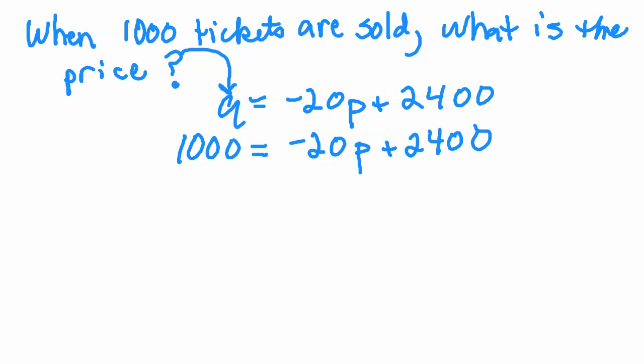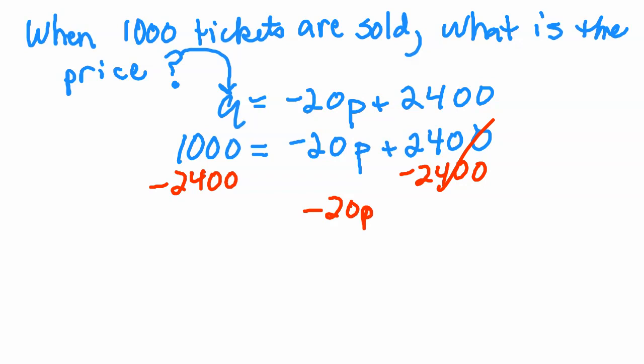In order to do that, you start outside and work your way in. So we're going to subtract 2,400 from each side. That's the first step to get rid of it. Whatever you do to one side, you have to do to the other side. That's 0. So then we have minus 20p equals minus 1,400. And then 20 times p is multiplication, and the opposite of multiplication is division.